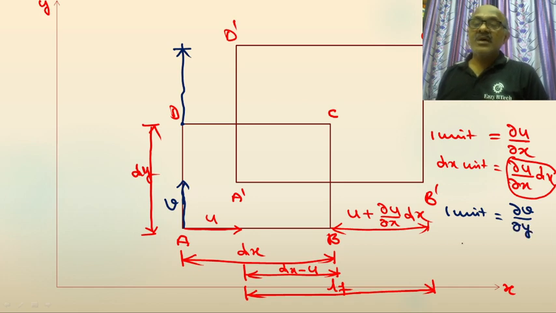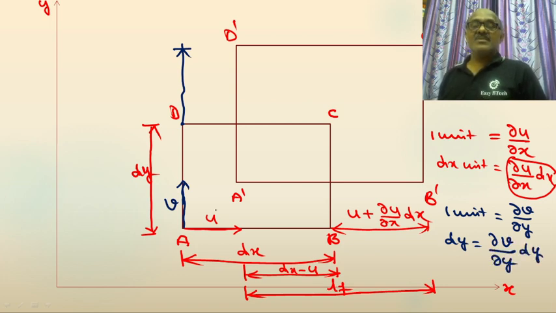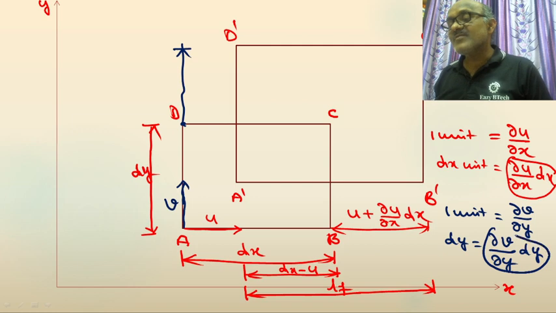For dy distance, D is displaced by dou v by dou y into dy. See, my dear students, D has a higher displacement than A by this much, that is dou v by dou y into dy.